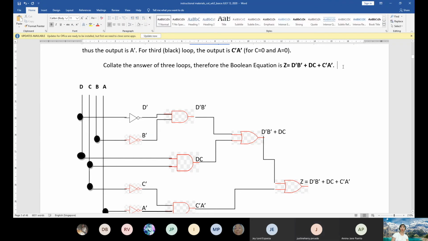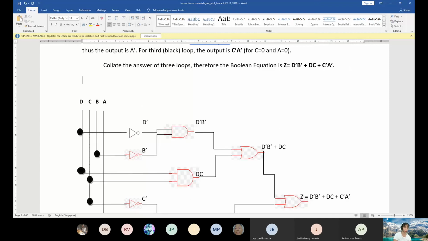Okay. But actually, there is an alternate for that. So for Z, you want it using De Morgan's principle.